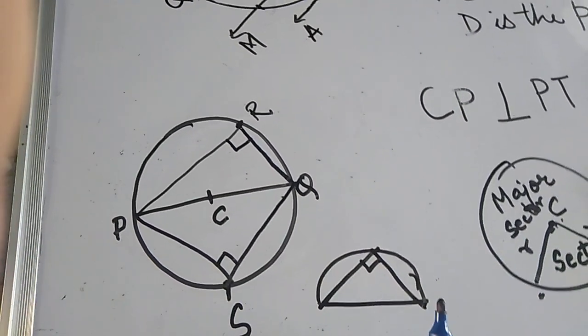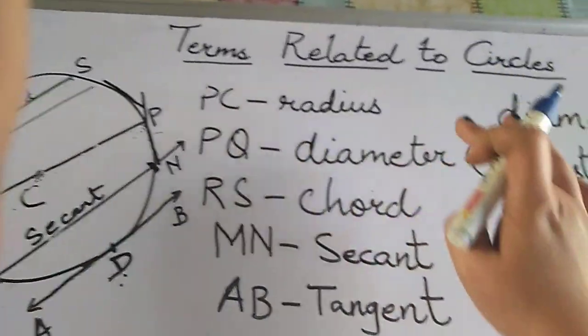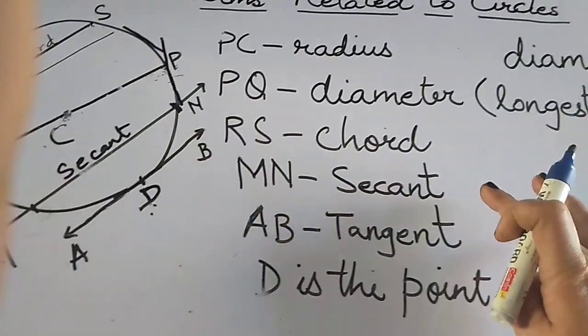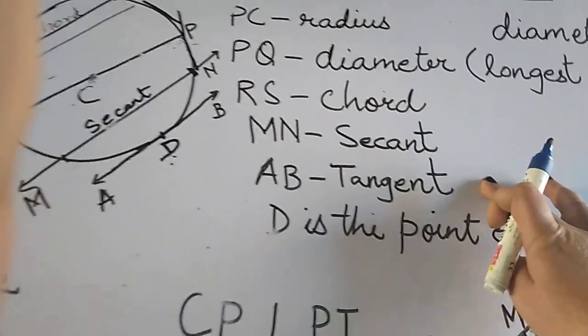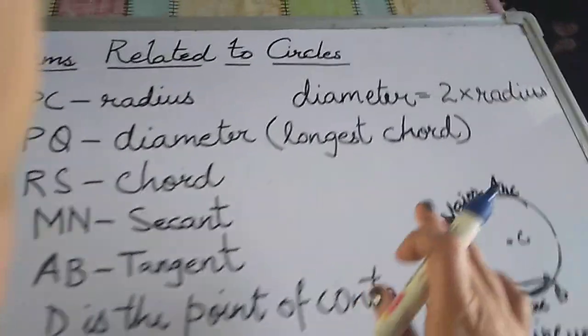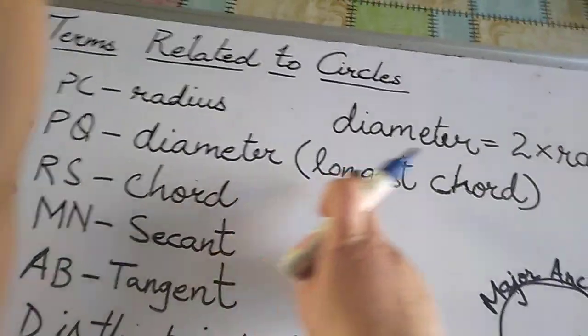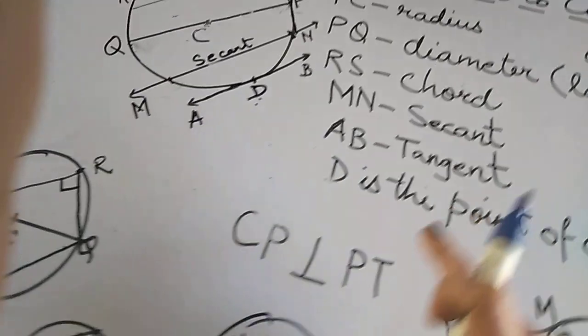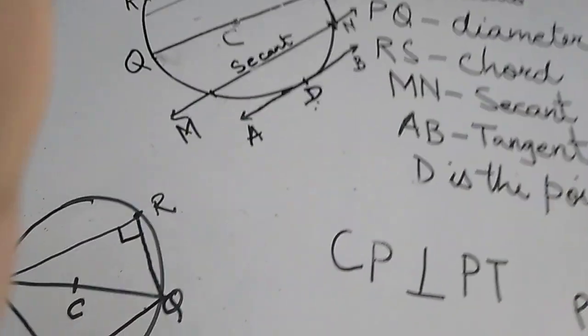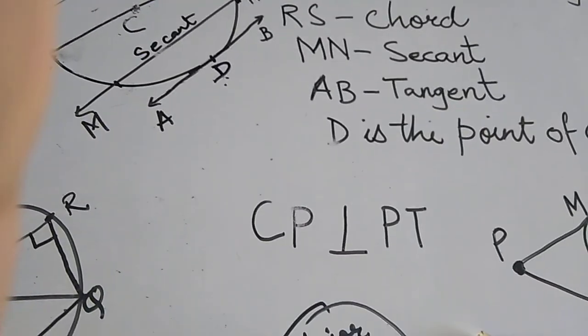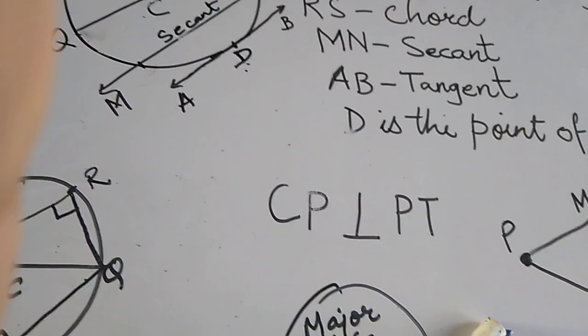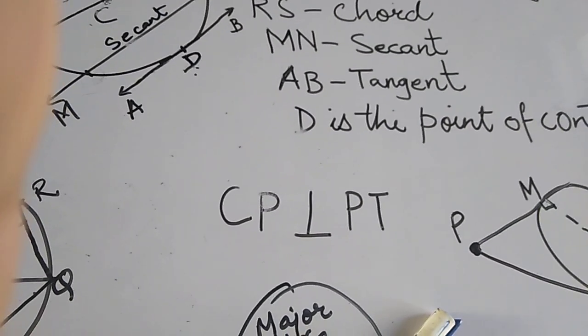Clear? So what have we learned today? We have learned all the terms: chord, radius, diameter, secant, tangent. Then we have learned the relation between diameter and radius. We have learned that the diameter is the longest chord. Then we have learned that a tangent is always perpendicular to the line from the center of the circle at the point of contact.